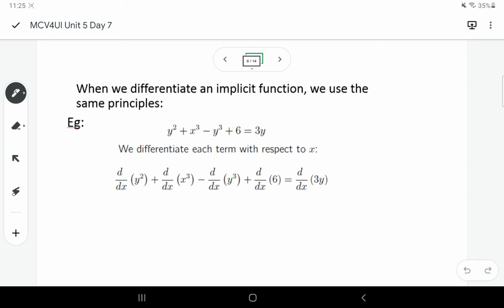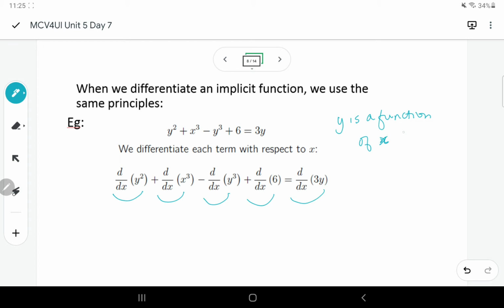That is a very, very difficult equation to try and solve for in terms of y equals something. So what we're going to do is take the derivative of each term, without rearranging it, but remembering to use that chain rule if we know y is a function of x.